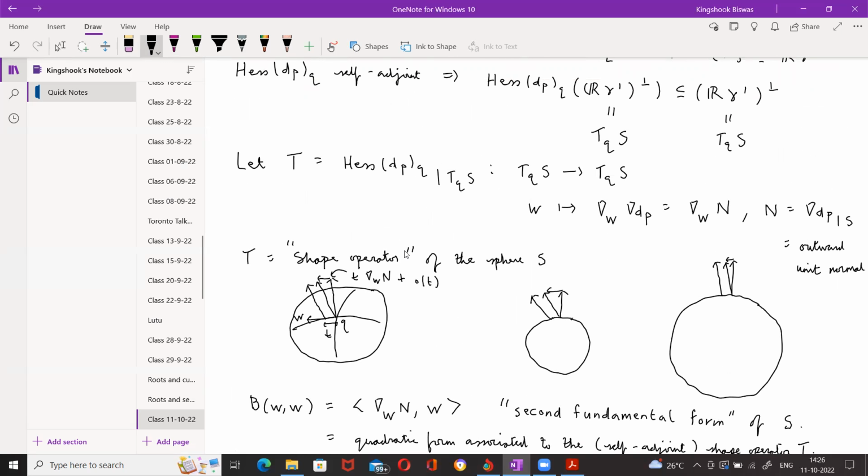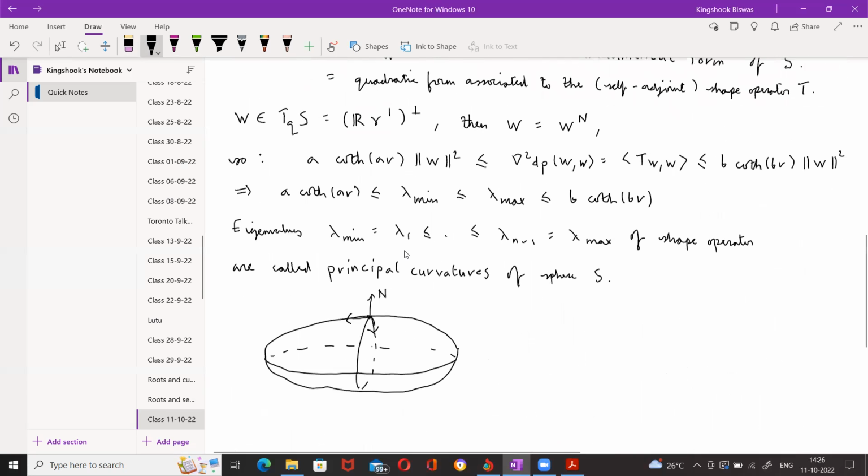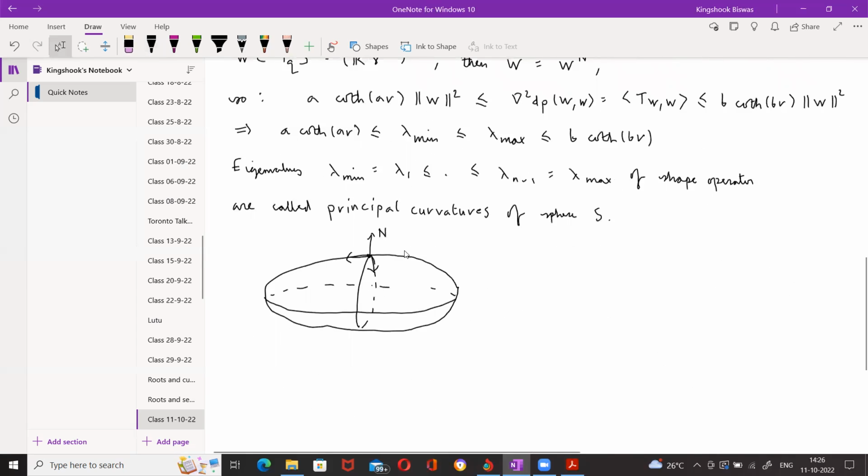Similarly, let me just write that. Oh, wait. Before that, let me just note, in this case, for the sphere, what is the Hessian comparison theorem telling me?